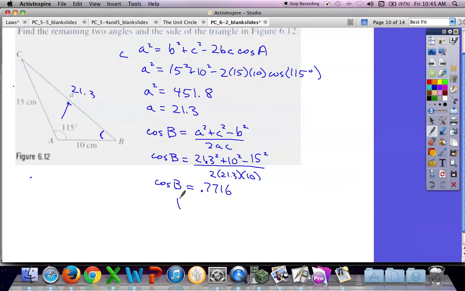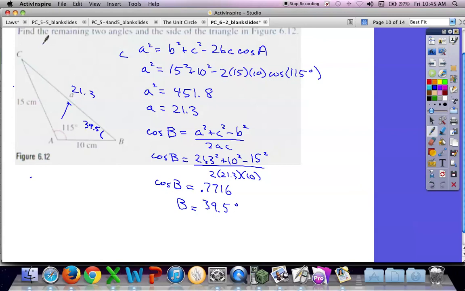So B equals cosine inverse, 39.5. So this is 39.5. And again, how would we find the last angle? Subtract from 180, right?